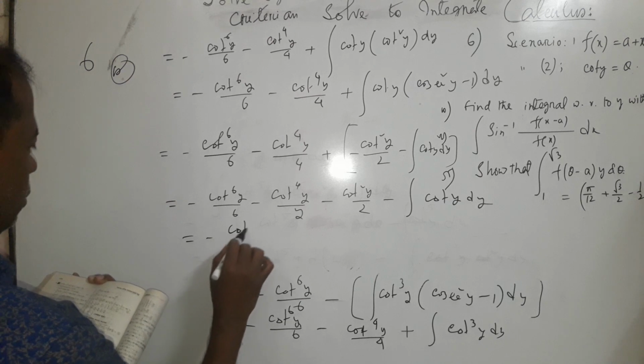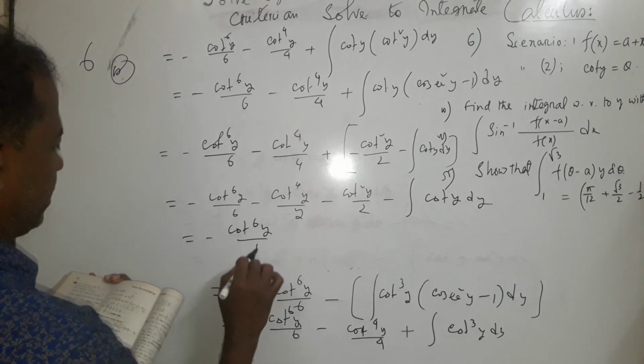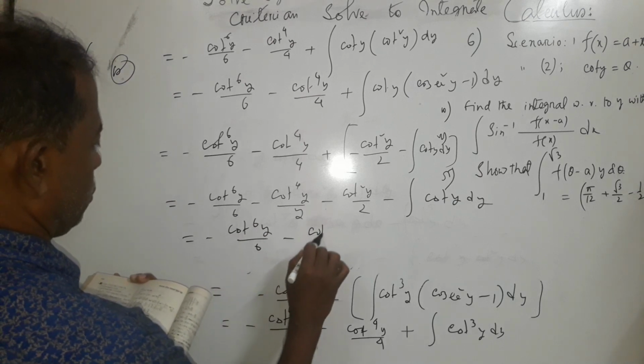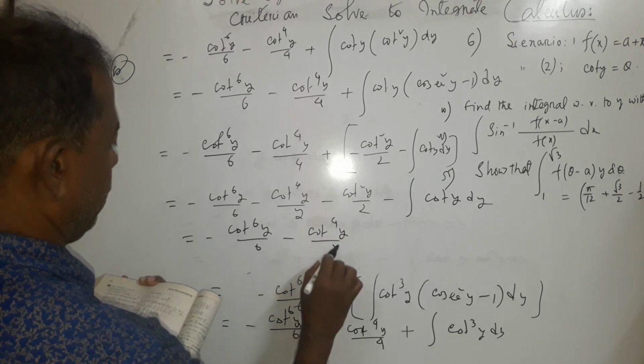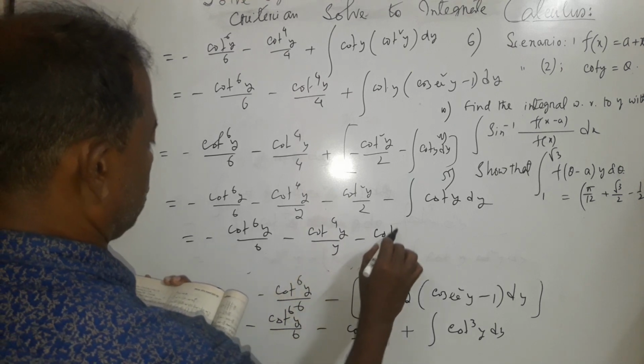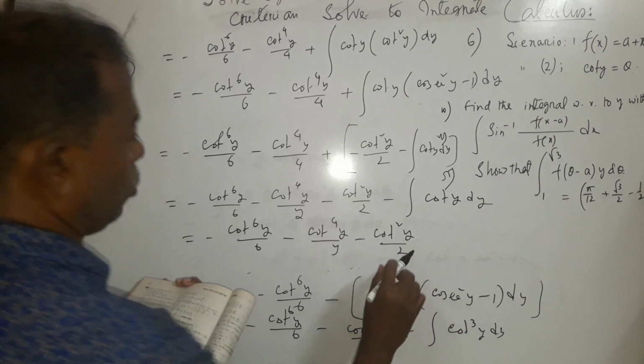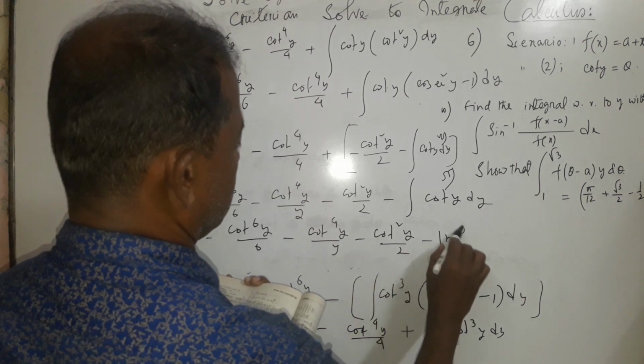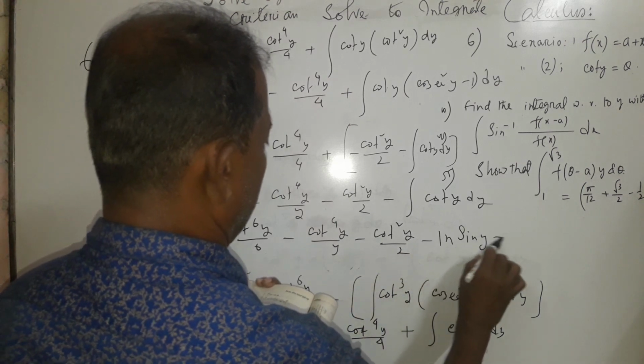Minus cot 6y divided by 6 minus cot 4y divided by 4 minus cot square y divided by 2 minus log sin y plus c.